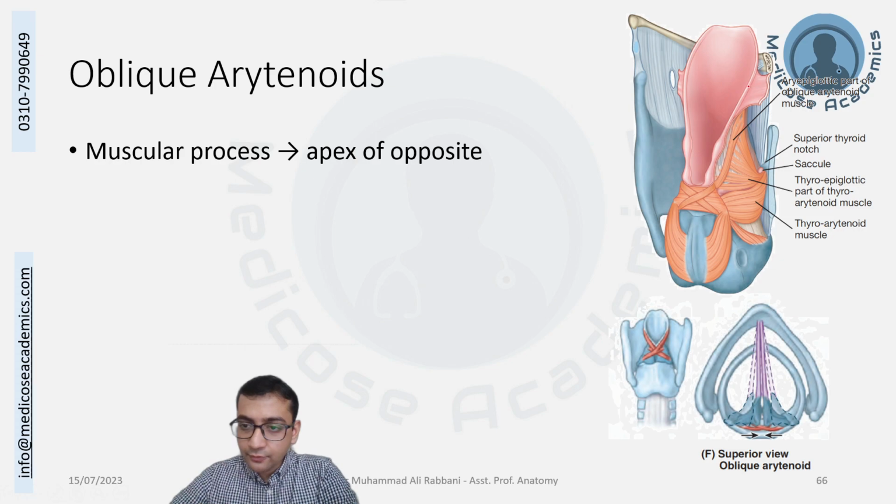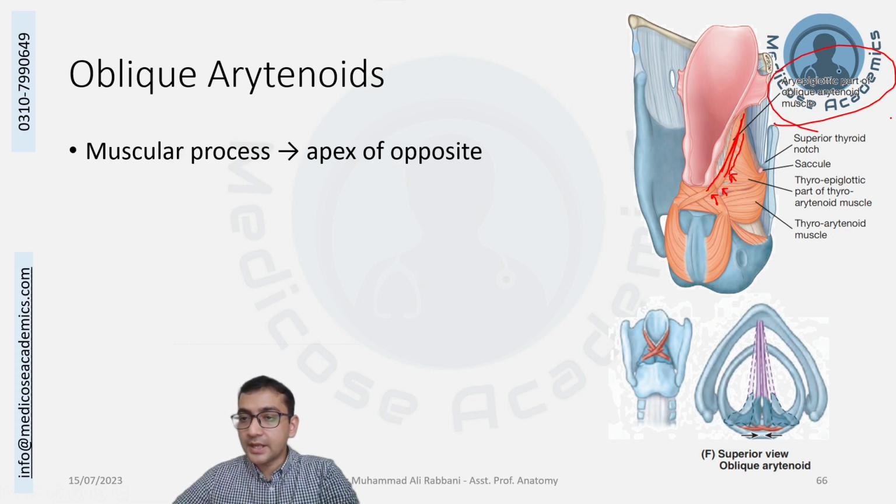The thing you have to look at right here is that this muscle is extending beyond the arytenoid cartilages. The part that goes beyond the arytenoid cartilage is parallel to the aryepiglottic fold, and is known as the aryepiglottic part of the oblique arytenoid muscle. We will look at it shortly.